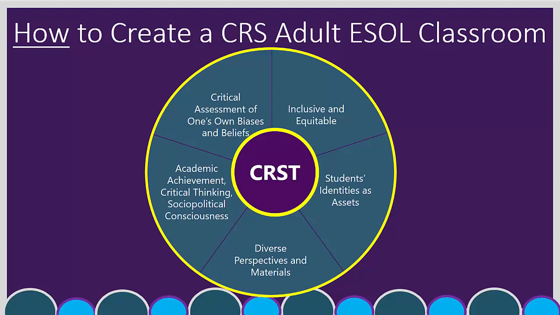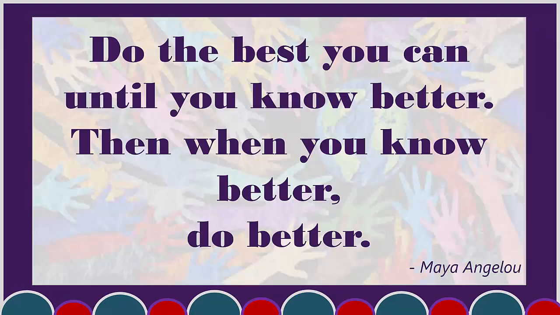These features of CRST are not linear. That's why they're represented here in a circle. Becoming a culturally responsive and sustaining ESOL teacher is an ongoing process through which we learn and apply what we learn, making mistakes, reflecting, and learning more. As Maya Angelou said, do the best you can until you know better. Then when you know better, do better.